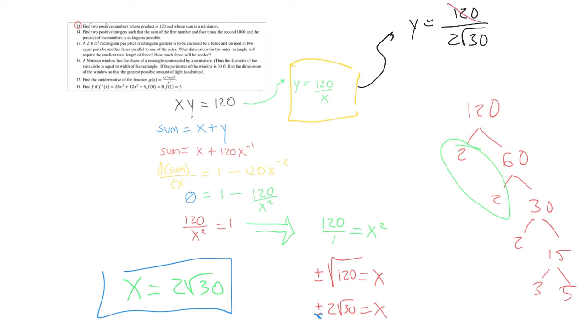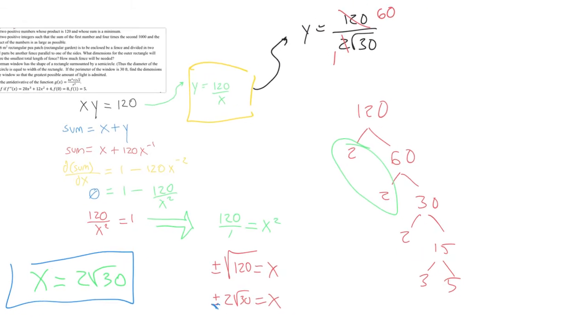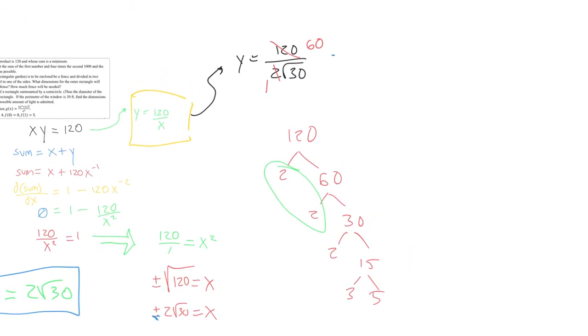Well, first of all, that would become a 60, that would become a 1. And furthermore, we would have 60 over radical 30.